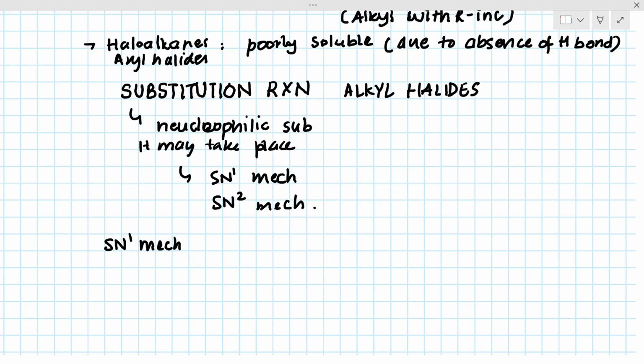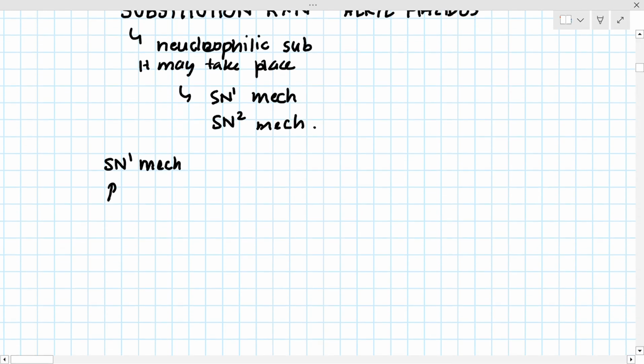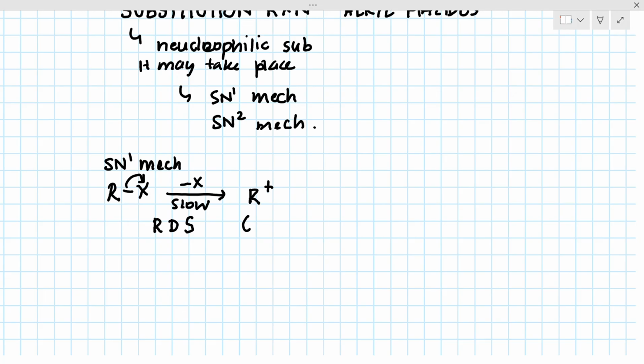First, you have an alkyl group, let's take RX. The X leaves first. This is the first step, and this is a slow step, so this is the rate determining step. Next you get a carbocation.